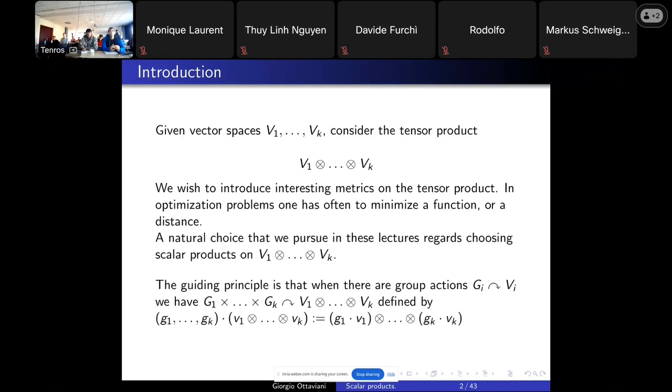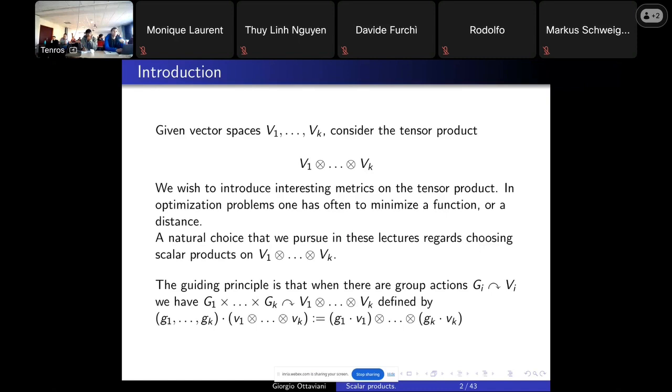Among the possible distances, I will choose the scalar products, but there is a guiding principle: if you have a group action on each individual space, then the product of the groups acts in a natural way, component-wise, on the tensor product. Be careful, these are just building blocks of the tensor space, and all the other elements are sums of these.